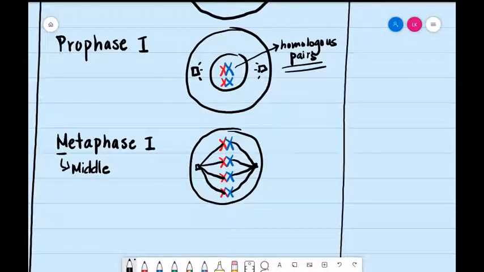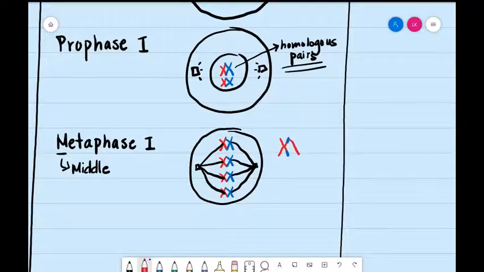Okay, my favorite thing happens during this phase. So if I were to zoom in on, let's say, this pair, what you would see happening is the red, wherever the blue touches the red, it's going to swap genes with that piece of chromosome.